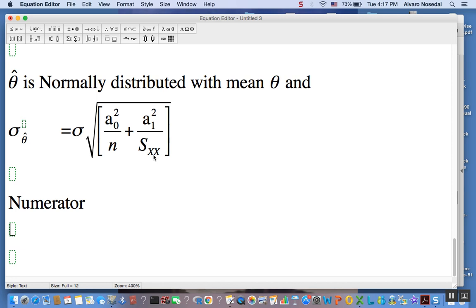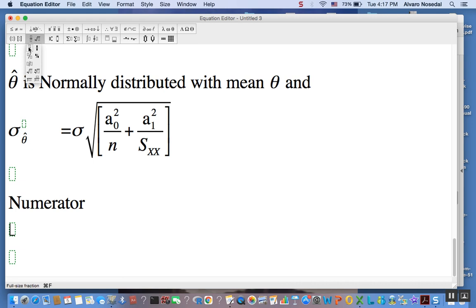We need a normal 0, 1 in the numerator of the definition of a t distribution, so all we are going to be doing here is standardizing this. To standardize, we just have to subtract its mean and divide by its standard deviation.